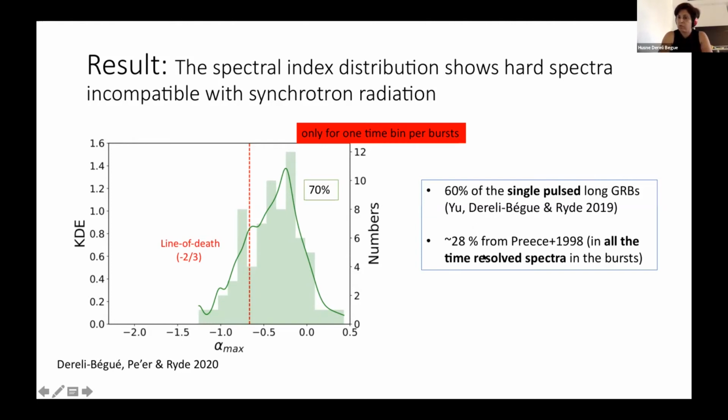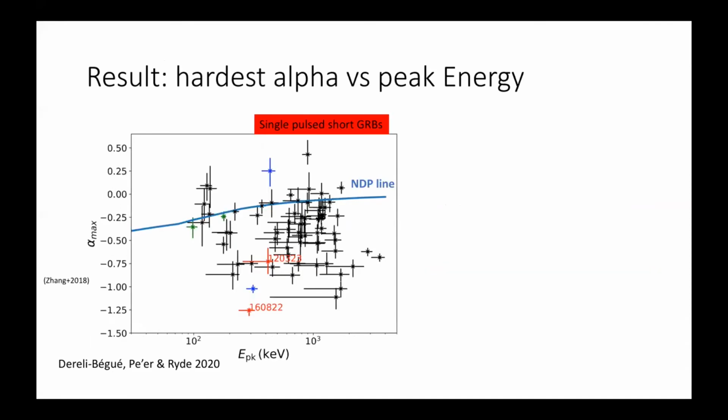And we also compare with a previous study. However, in that work, they include all the time resolved spectra, so their fraction is 28%. And ours is much larger than this. So we put this hardest alpha versus the peak energy, and this line is from the non-dissipative photospheric emission model with the synthetic data.